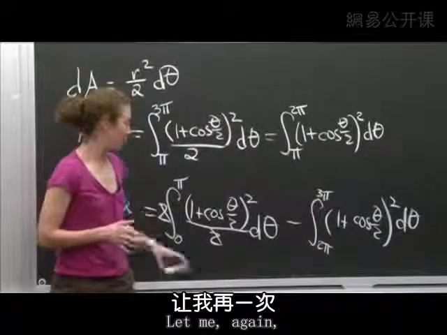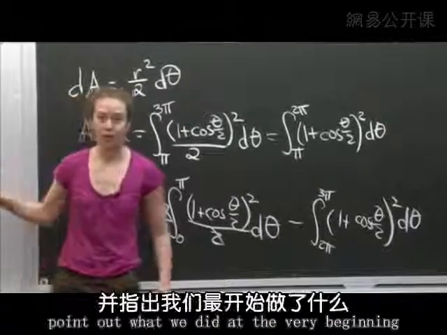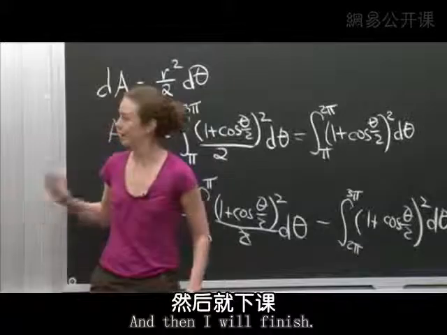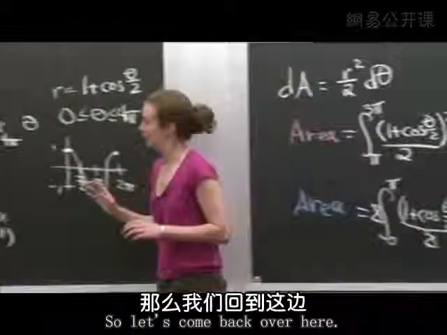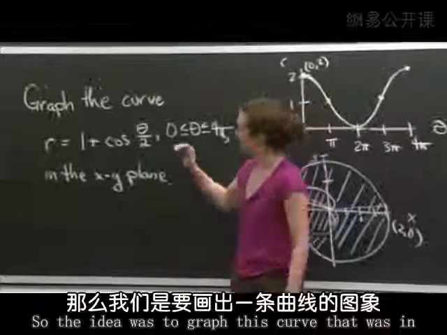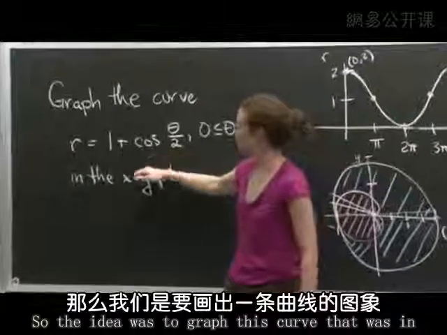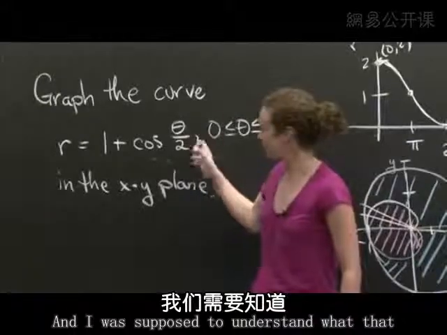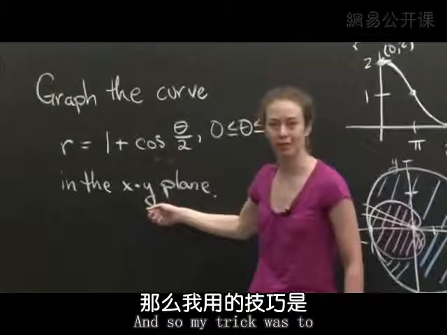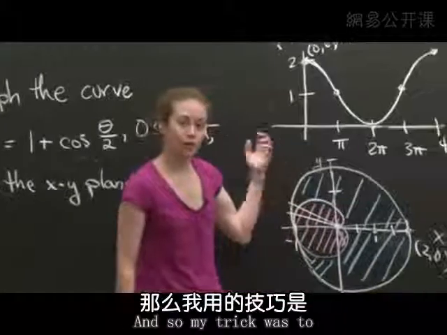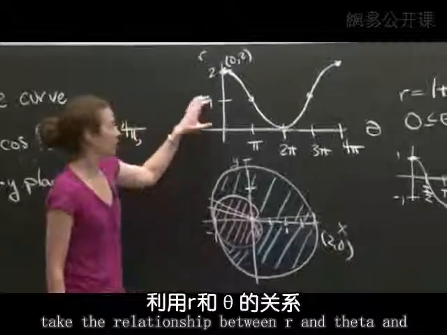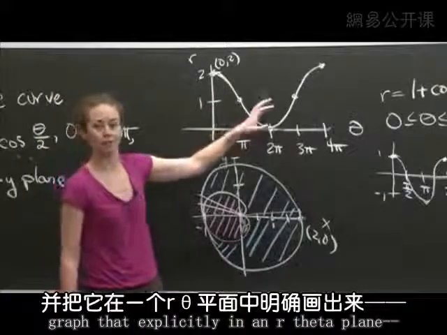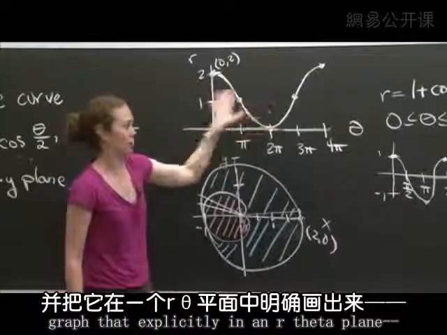Let me, again, just go back one more time and point out what we did at the very beginning to remind us what was happening. And then I will finish. So let's come back over here. The idea was to graph this curve that was in r as a function of theta, and I was supposed to understand what that looked like in the xy plane. So my trick was to take the relationship between r and theta and graph that explicitly in an r theta plane.